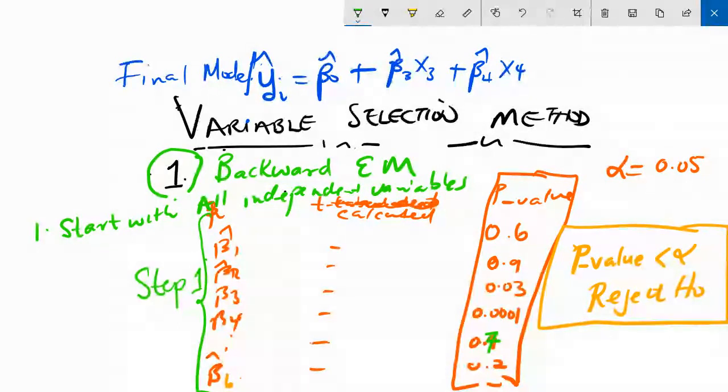X2, which goes with beta 2, is not significant. X5 and X6 are not significant. So you start eliminating now.